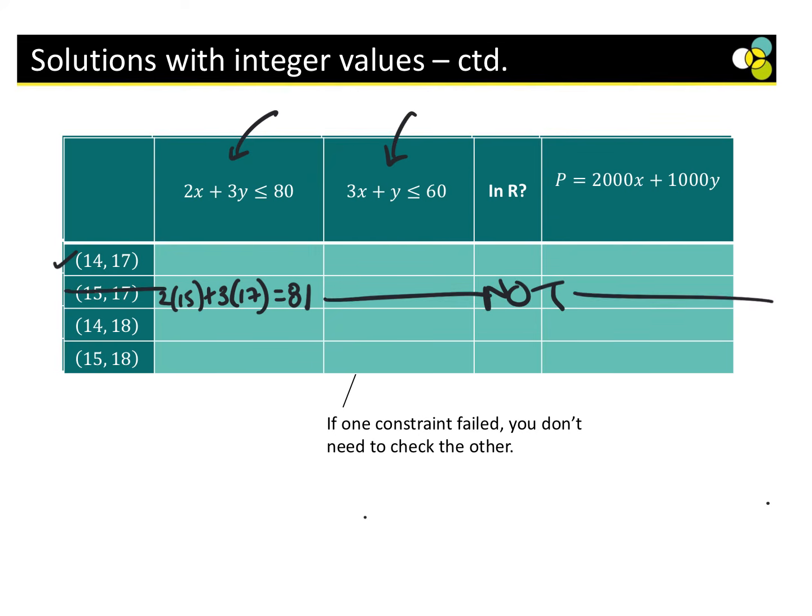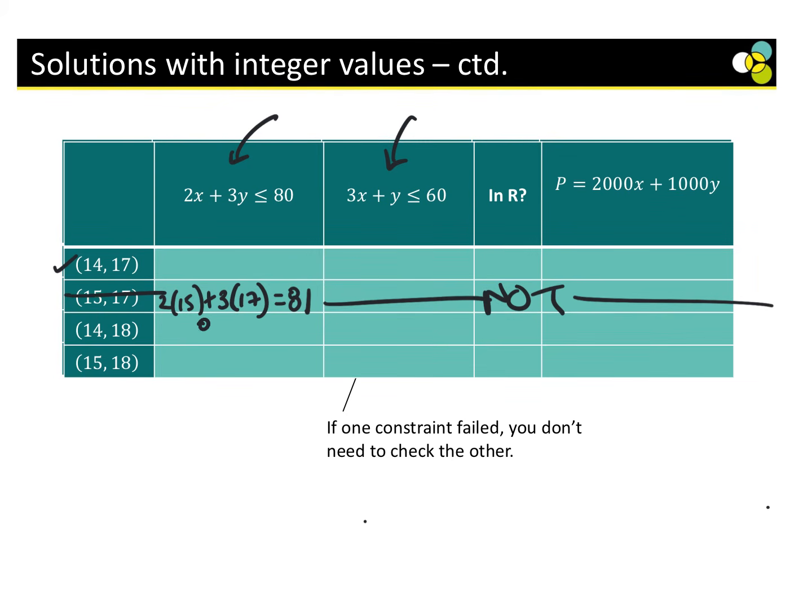Now, we were able to see that from the graph when we zoomed in, didn't we? Did you see how far I had to zoom in for that? Unless you've got supersonic vision, like Superman, sometimes we have to try things in, okay? And then what we find is when we put in 14, 18, we get 82, and we get 84.